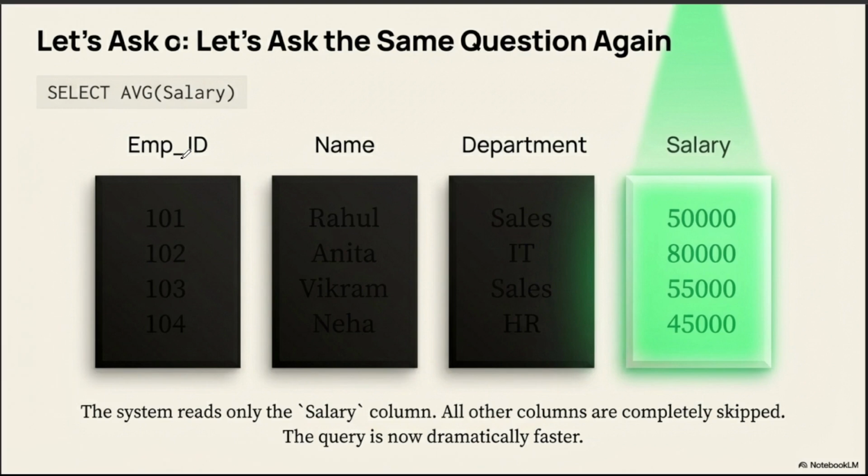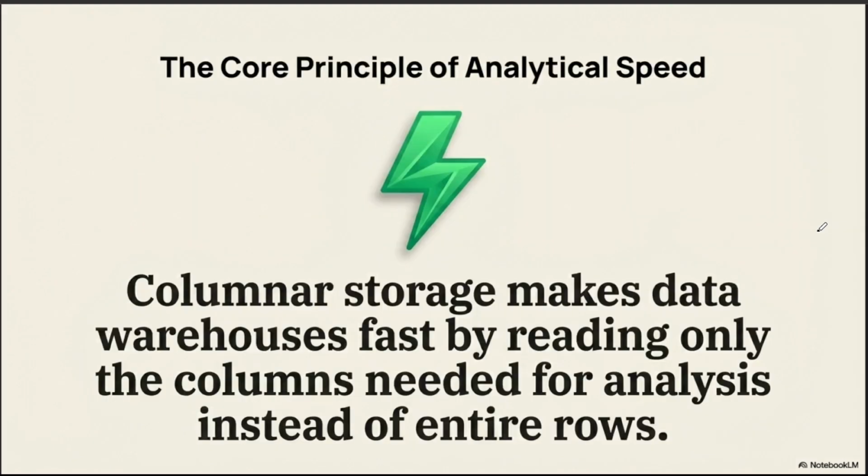In this case, we do not need these columns. We only need the salary column over here. So we will only select the salary column and calculate the average. This will make our queries very fast because we are skipping the unnecessary data. So the core principle is that columnar storage makes data warehouses fast by reading only the columns needed for analysis instead of the entire rows.